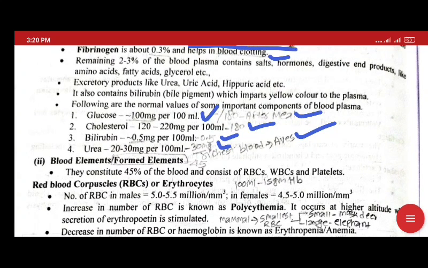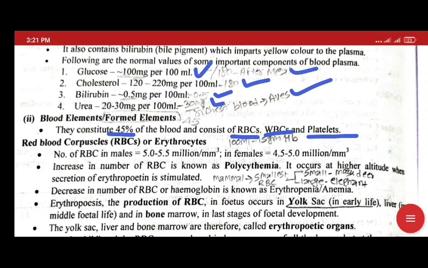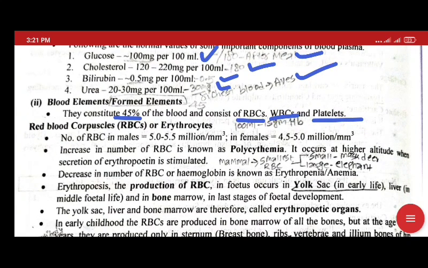Blood formed elements make up 45%: RBC, WBC and platelets. In males normal RBC is 5 to 5.5 million per mm cube, and in females it is lower.